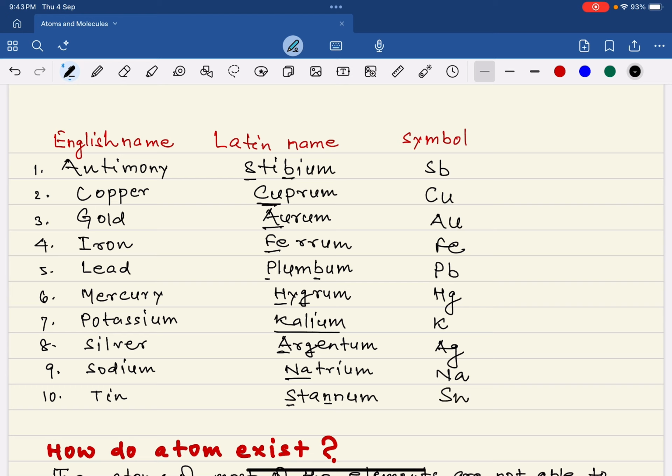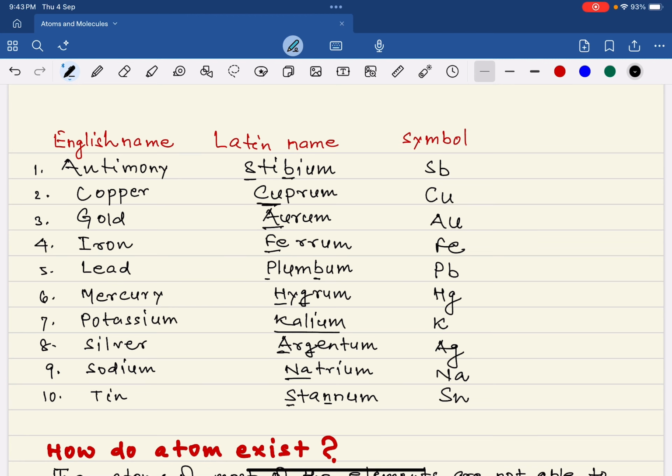So, in some cases the English name is used, and in others the Latin name is used. Some important Latin names are stibium, cuprum, aurum, ferrum, plumbum, hydrargyrum, kalium, argentum, natrium and stannum.